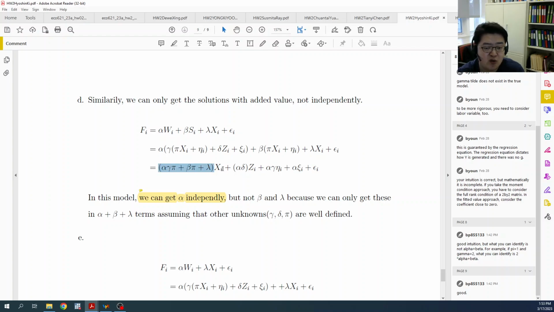You can identify the coefficient of x and the coefficient of z. If you know delta, then you can recover alpha. Alpha is identified here, but beta and delta cannot be separated, even if you identified pi. Okay, if I explain it this way, this may still be confusing.